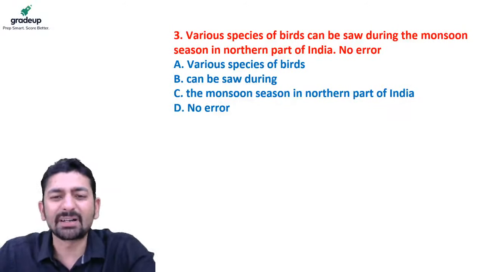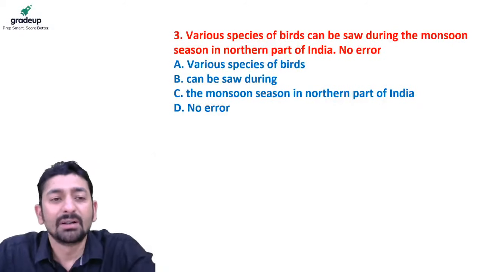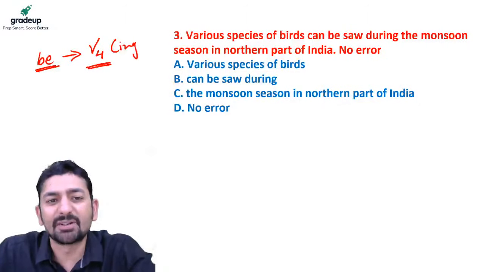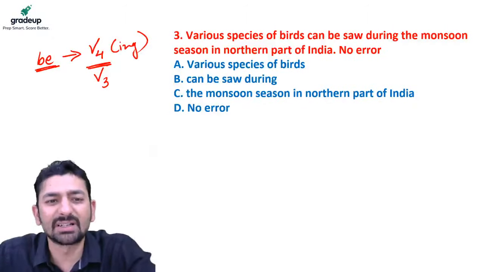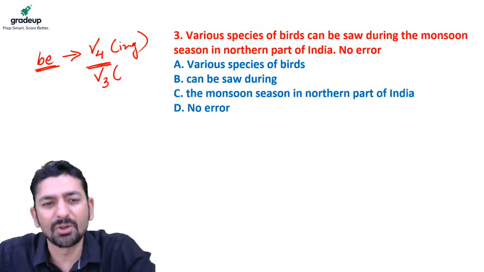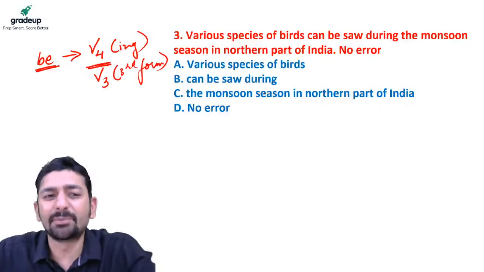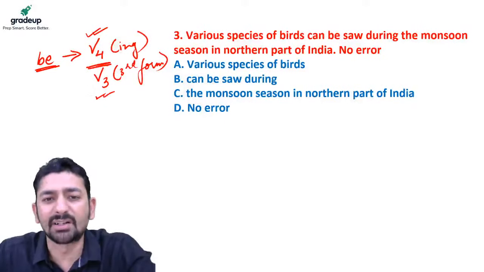Again, remember a small concept I'm giving you. Whenever you have be in a sentence, after be in the active voice, you will generally have the fourth form of the verb, which is the ing verb. Or in the passive voice, you will have the third form of the verb. So after be, if you are writing a main verb, it will either be the fourth form or the third form.